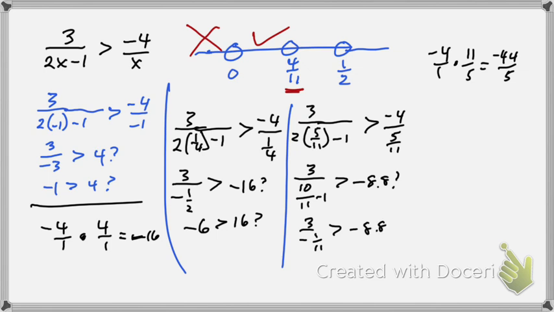So 3 divided by negative 1/11 is negative 33. So is negative 33 greater than negative 8.8?